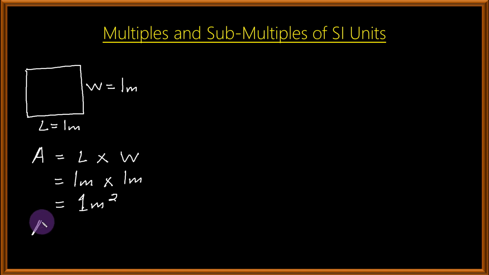Now the same area can be given by this length here is 100 centimeters because we have just seen that 1 meter is 100 centimeters. So instead of writing 1 meter, I'm going to write 100 centimeters. This other 1 meter is 100 centimeters.